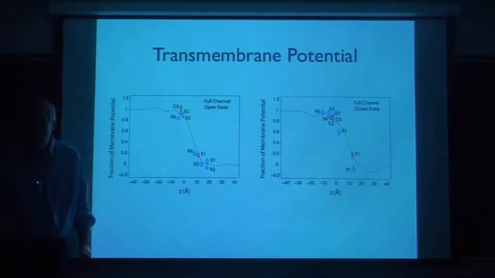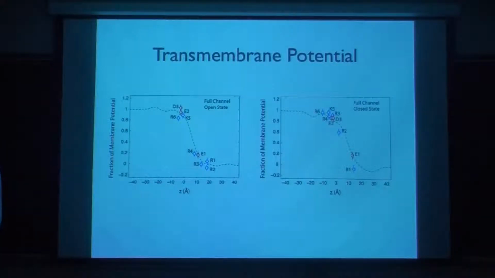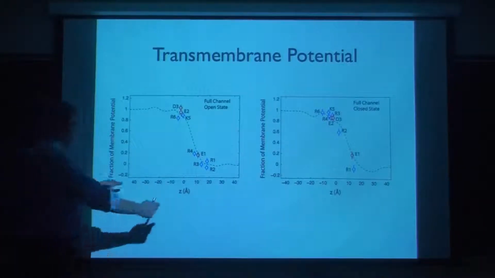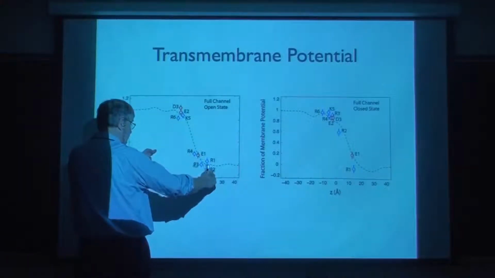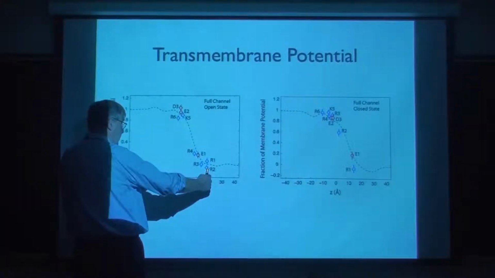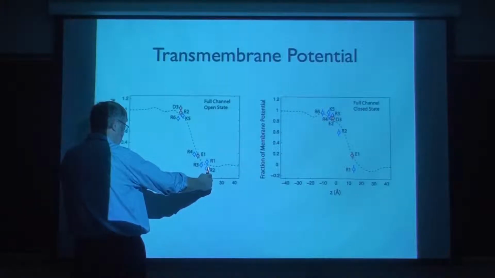That's not a big deal for a physicist. It just tells you that this is where there must be some water. The dielectric constant must be higher. If the dielectric constant would be constant everywhere in the membrane, you would get a linear dependence, very easy to calculate with the laws of electrostatics.